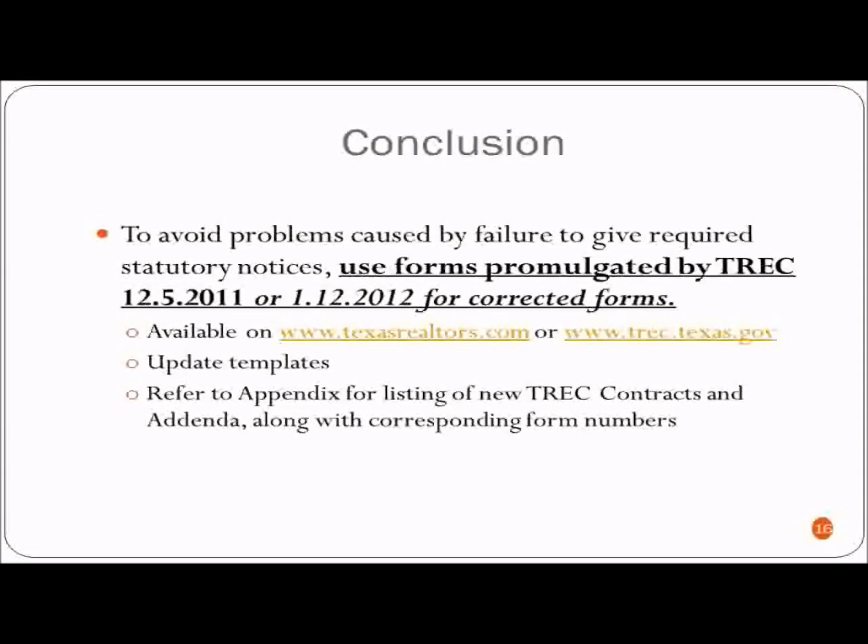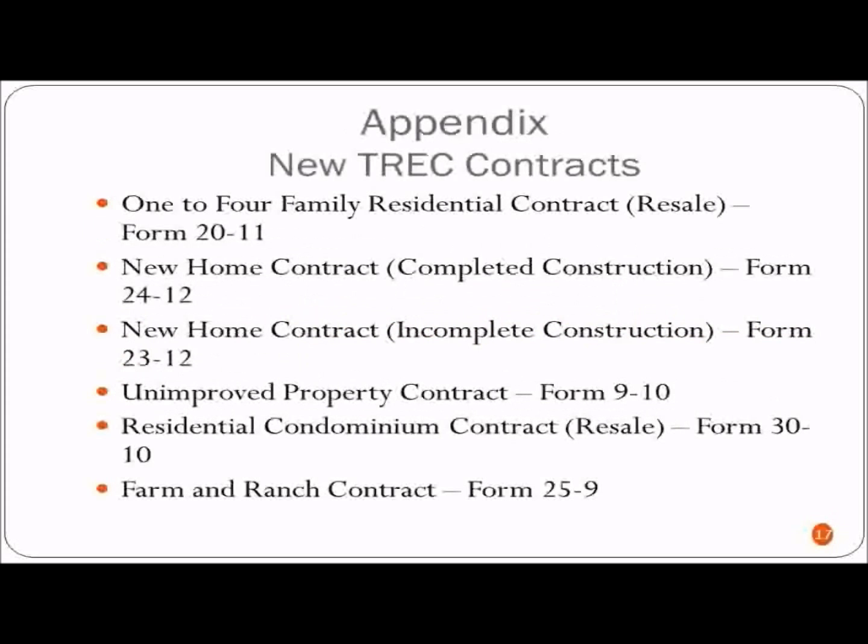And then finally, I did provide an appendix to this outline that was emailed to you that will give you a list of all the new form contracts with their numbers so that you know what you're going to be looking for. And again, unfortunately, I would tell you they're all dated 12/5/2011, so you know you have the new form.